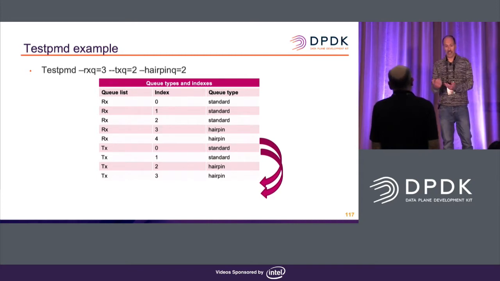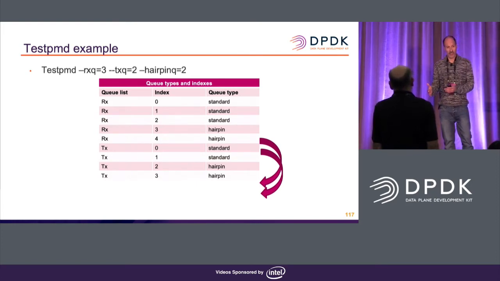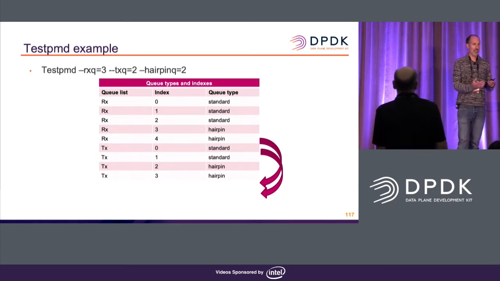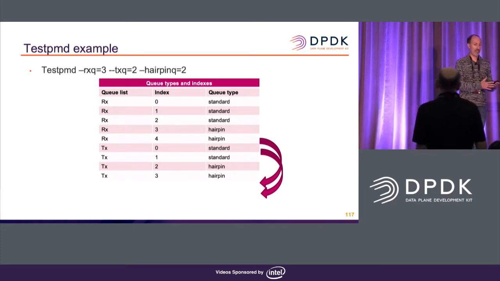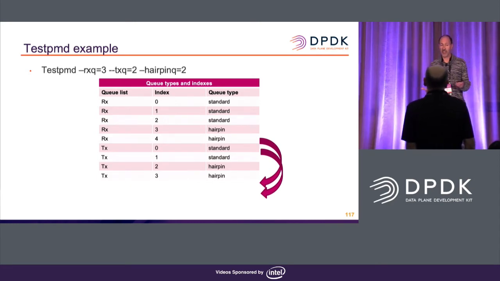And then it will insert a Hairpin flow, which says this kind of traffic will go to queue number 3, which is a Hairpin queue. And then the application will be unaware of any more of this packet. But basically, it's a queue property. It's not a port property. The port can support as many Hairpin queues as we want, and as many Rx queues as we want.